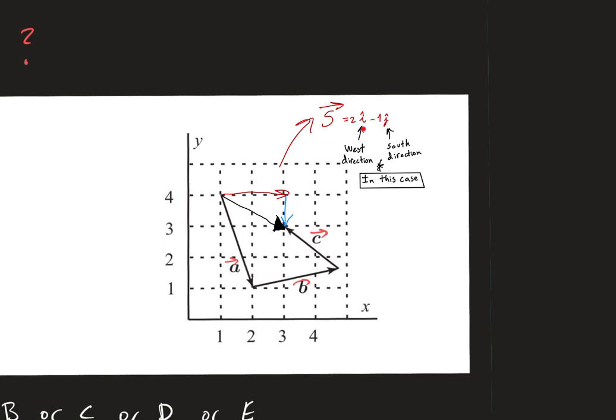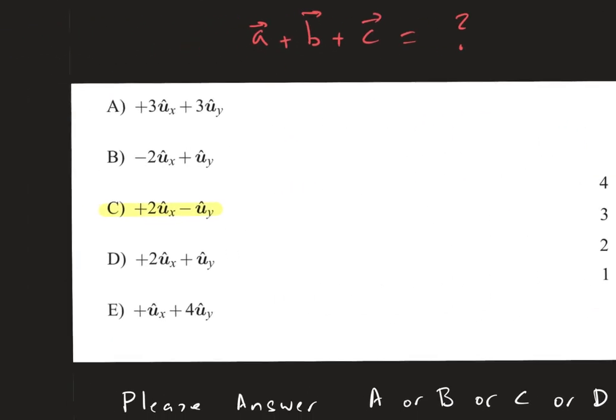So 2 to the west direction and 1 south, so 2i minus 1j. I say in this case because west and south. So the answer would be C.